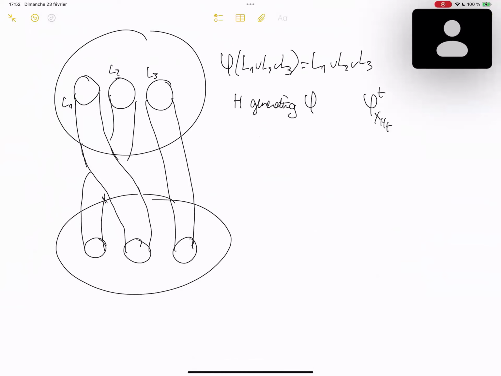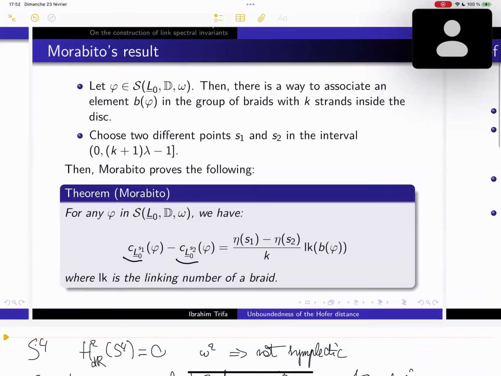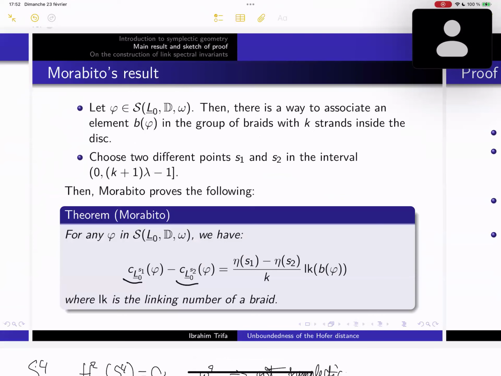It's basically the counted sign of such crosses in the braid diagram. So anyway, this shows that the difference of those spectral invariants on the stabilizer is only determined by the braid type of phi and is proportional to the difference of eta S1 and eta S2.